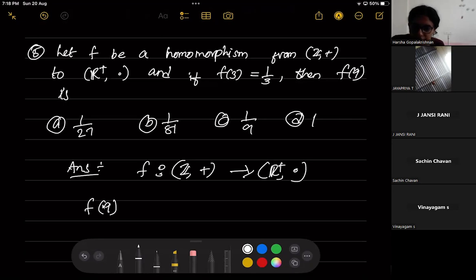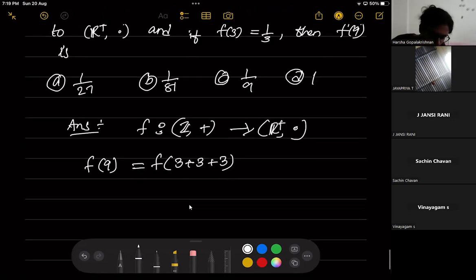That means 9 is an element in the Z. And in Z, we know plus is the operation. And we know the value of F at 3. So 9 we will write in terms of 3. So the possible writing is F of 3 plus 3 plus 3, because 3 plus 3 plus 3 is 9, and plus operation is in the Z. And the value of F of 3 we know. And then we are using the homomorphism condition.